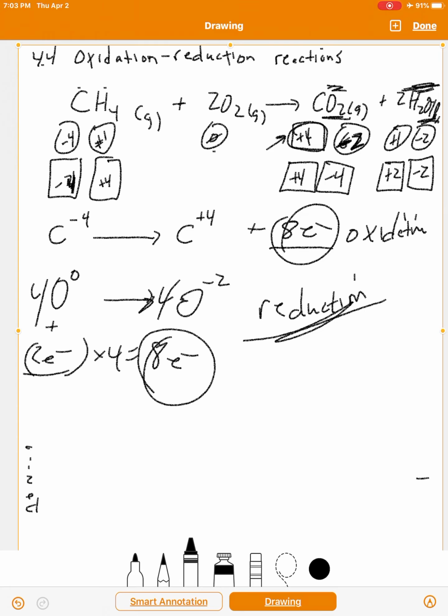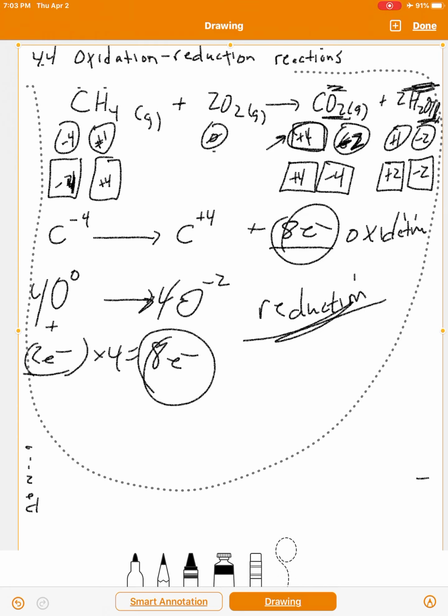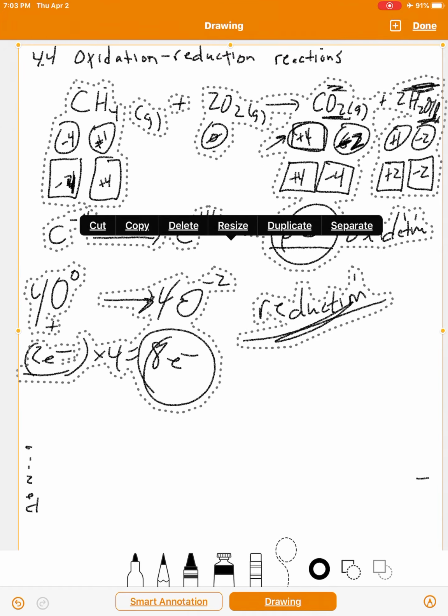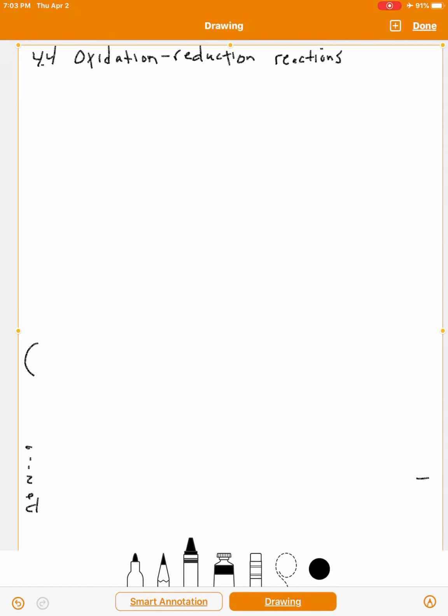One thing to mention: there's a little chart at the end of the section, figure 4.8. I recommend looking at that. It's on page 153.